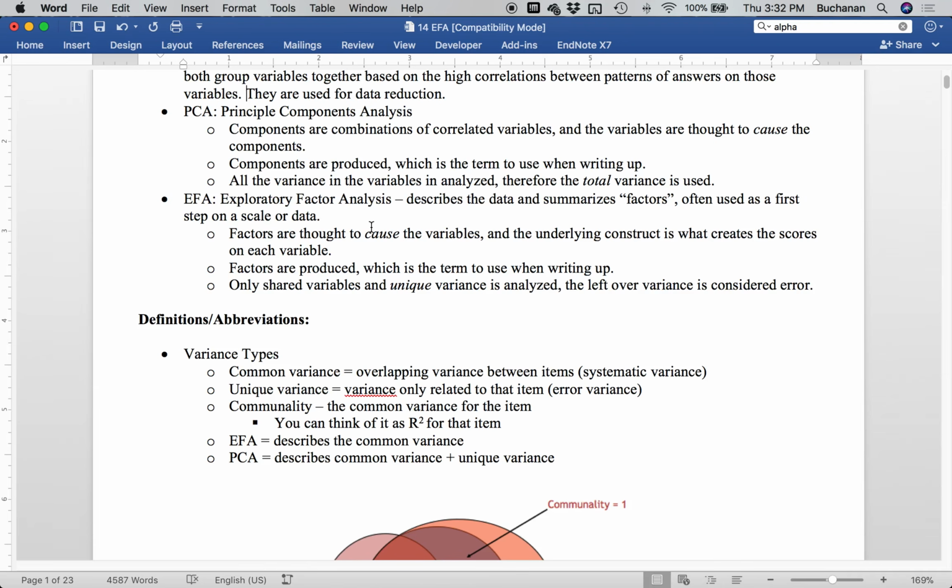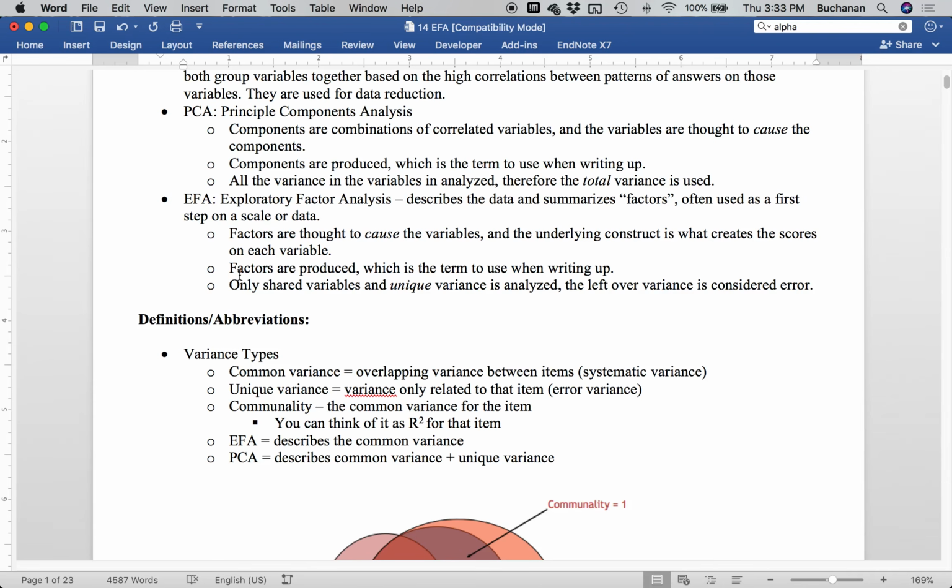Generally in a scale development framework, which is the way we're going to talk about EFA, people think that the underlying latent variable or psychological phenomenon is what causes the answers that you see on the scale.